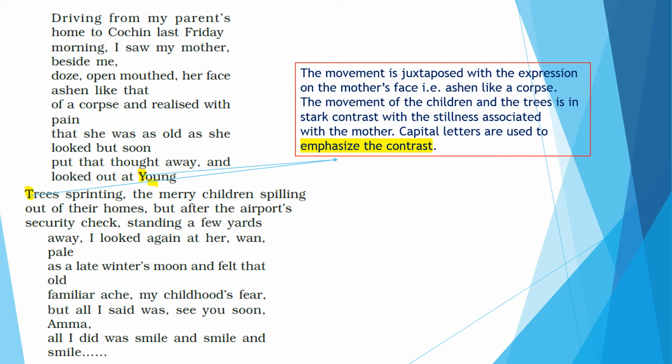The movement is juxtaposed with the expression on the mother's face, this face like a corpse. The movement of the children and the trees is in stark contrast with the stillness associated with the mother. So capital letters are used to emphasize the contrast.